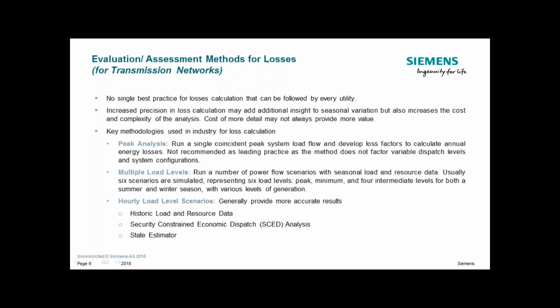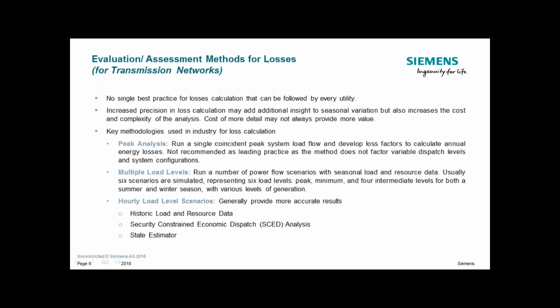If we select any equipment, we balance the technical against the financial analysis. You have to make a balance: you might invest much more and the losses will be reduced only a little. So that's why we say the cost of more detail may not always provide more value for loss calculation, and how you want to optimize it.